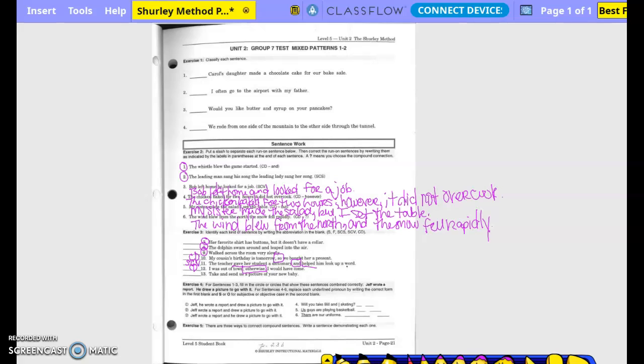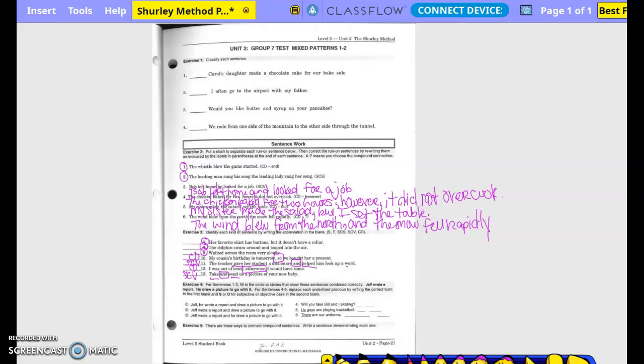Okay, so we have and, right? Okay, but does that and have punctuation? No, so we know it's not a compound sentence. So that means it either has to be a sentence with a compound verb or a sentence with a compound subject. So, not subject, verb, because take and send. So sentence with a compound verb.